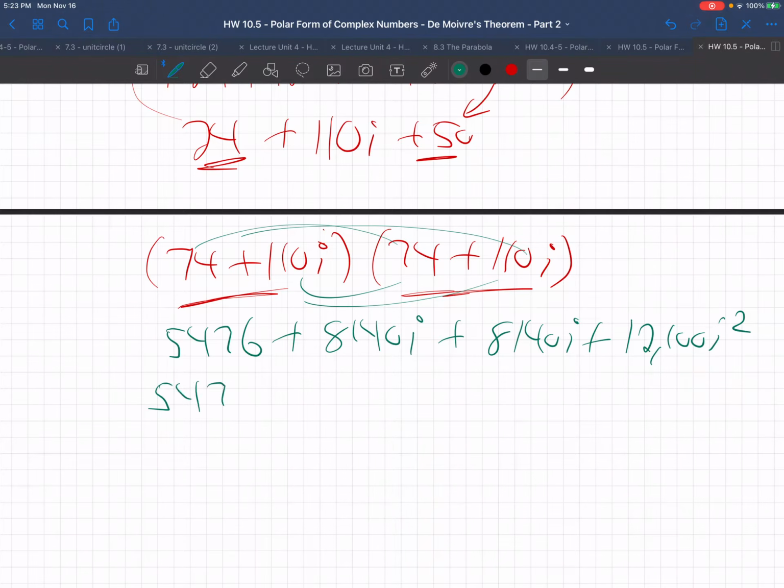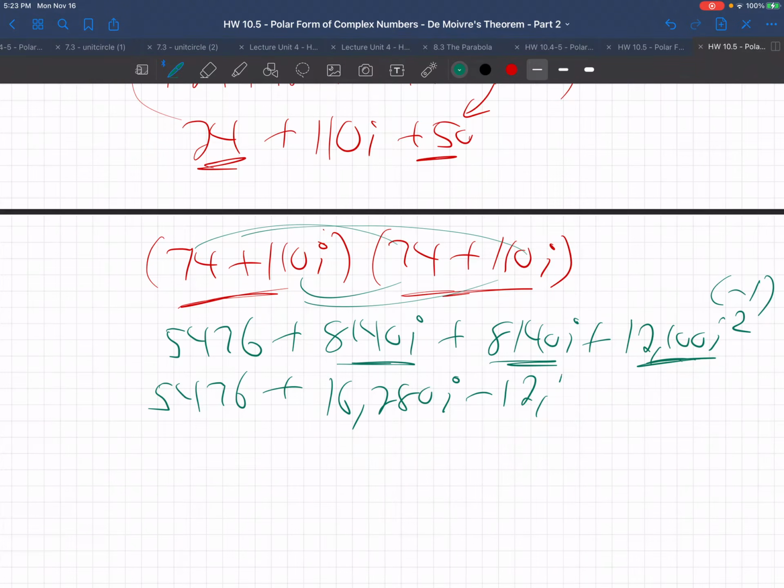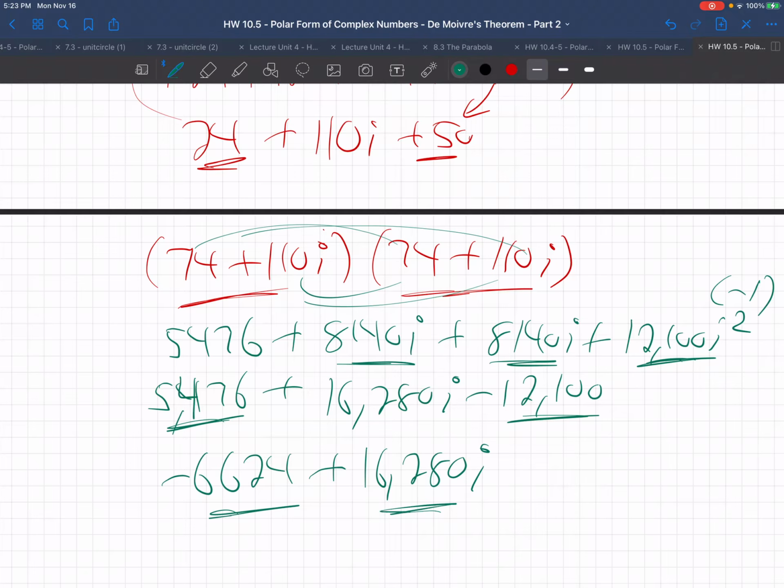So that'd be 5476 plus, add these two together, 16,280i, and then this is going to be negative 1 again. i squared is negative 1, negative 12,100, so 5,476 minus 12,100. What do we get? We get minus 6624 plus 16,280i. I think that's the answer.